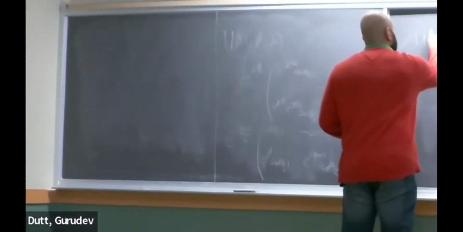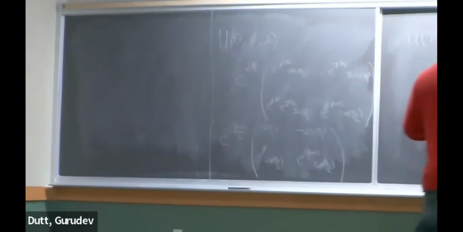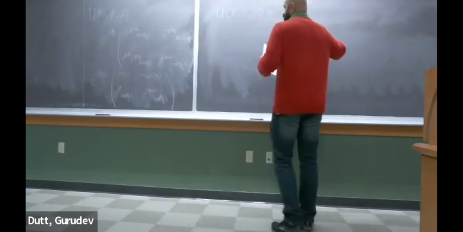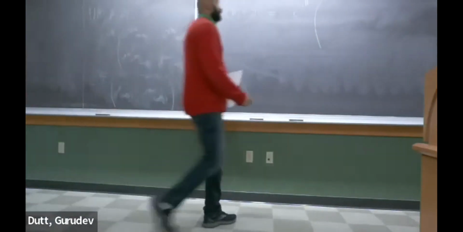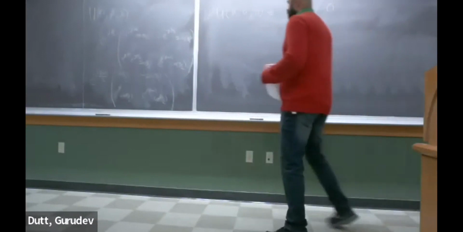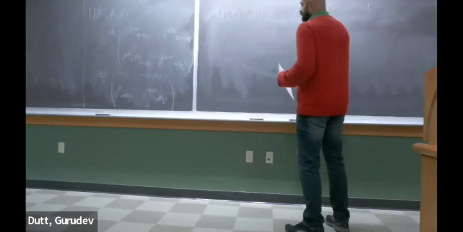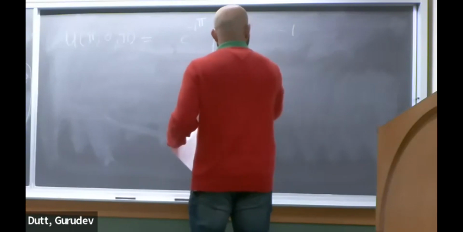Now U of pi, 0, pi, which is what I had written down last time, will be almost trivial to verify. This is now e to the minus j pi. I'm leaving it for now, but of course, you can throw it out because it's just a global phase. Cosine pi over 2 is 0. This minus sine theta is minus 1. Then down here is e to the j pi, and that's minus 1 again. Minus sine pi over 2 is also minus 1.